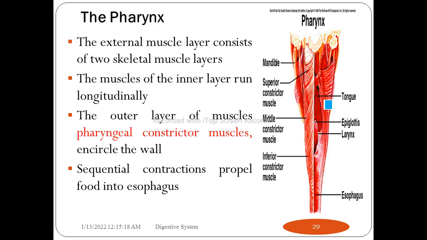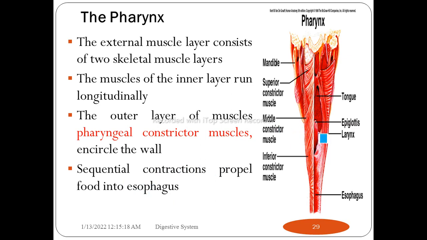The other is the pharynx. The external muscular layer consists of two skeletal muscle layers. The muscles of the inner layer are longitudinal. The outer layer of muscles, the pharyngeal constrictor muscles, encircle the wall. Sequential contractions propel food into the esophagus.